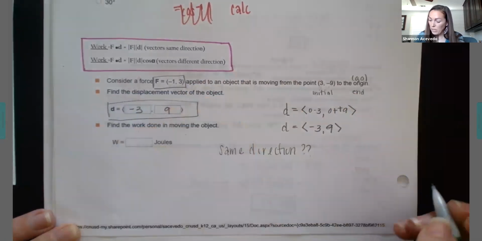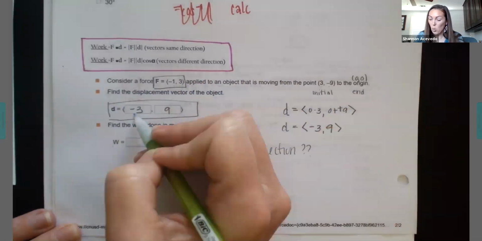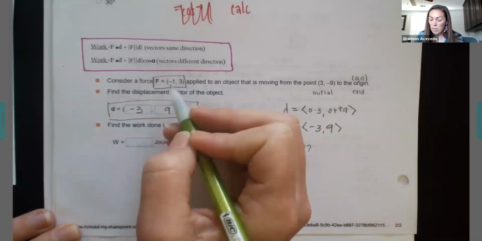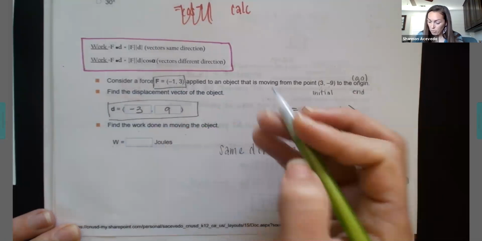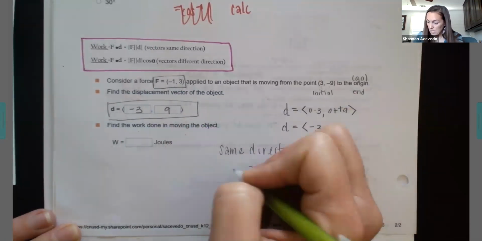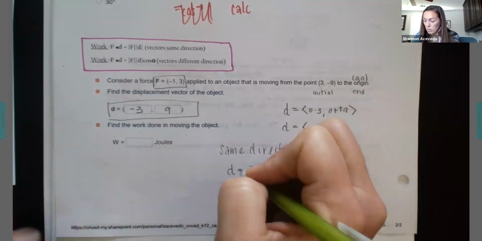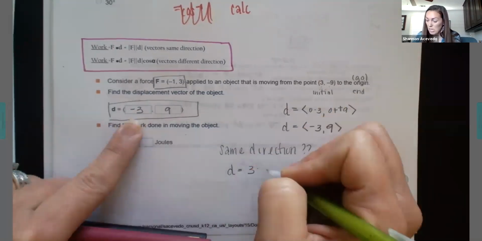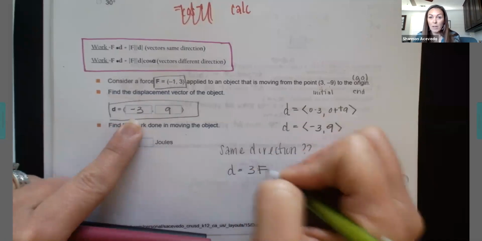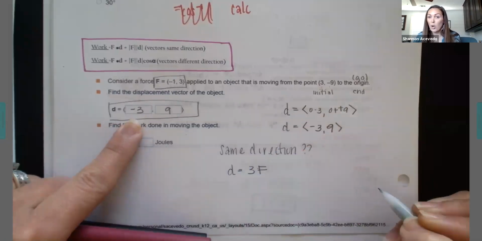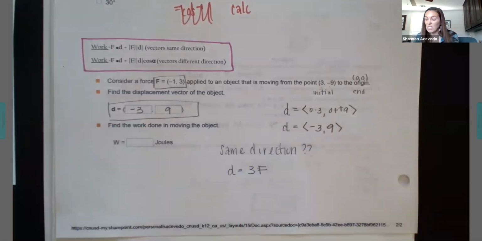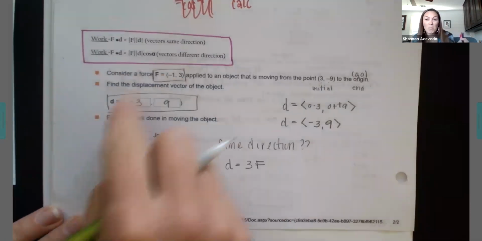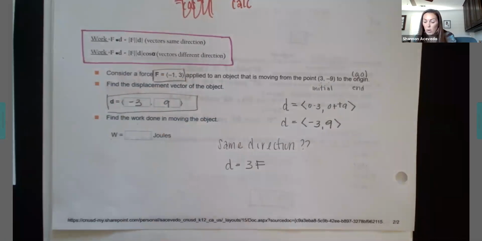If I look there, I can see that there is a correlation, right? I could see the correlation. What do I mean by that? If D is equal to, my displacement here is equal to 3 times my F. So it's just, if it's going to be some value, if I can multiply this by 2, by 5, then they're going to be moving in the same direction.